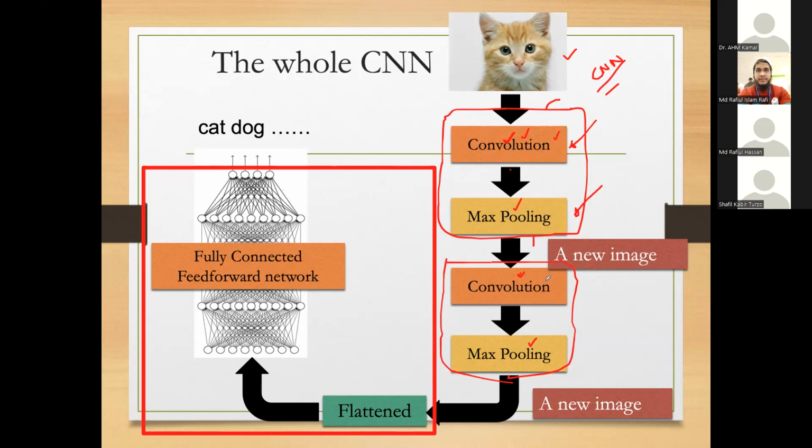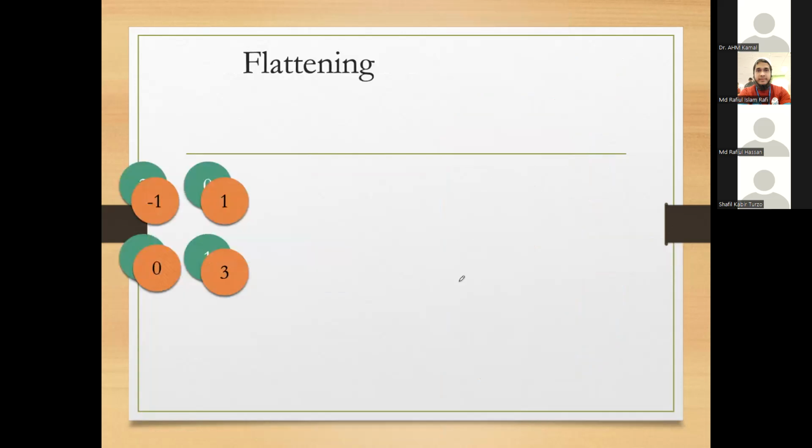We repeat this process again and again by changing the values, and at some point we will get a very good quality result. Then we can say this is the exact convolution that we are looking for.